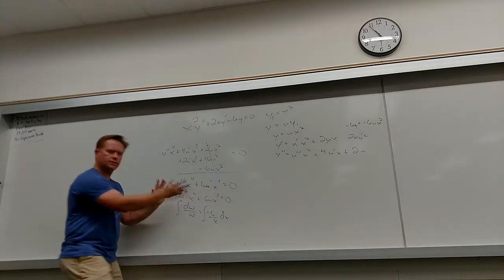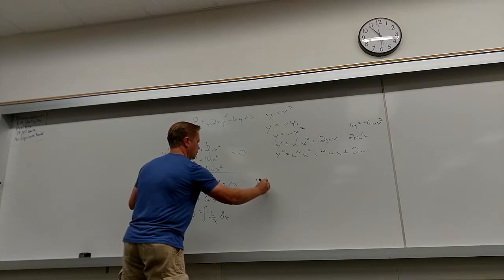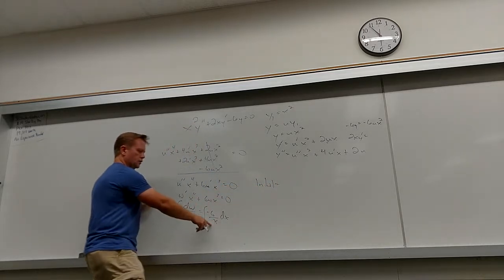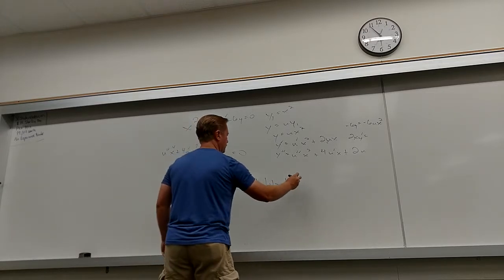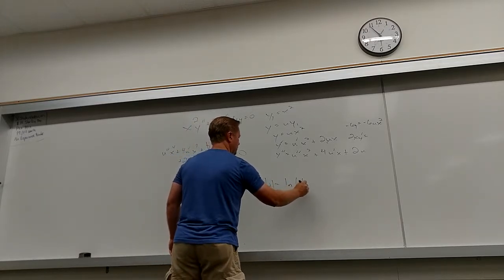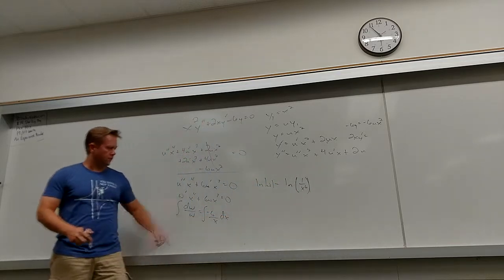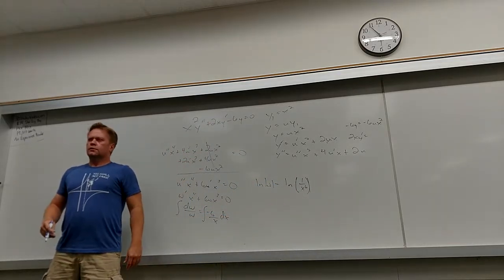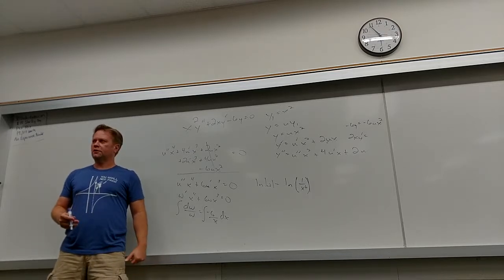All right, is this cool? So you get natural log w equals negative 6 natural log of x. So you get natural log of 1 over x to the 6th. Is that cool? I don't need that anymore. Plus c, but we're not really there yet. We have to get what w is.